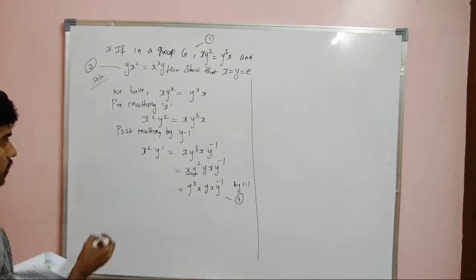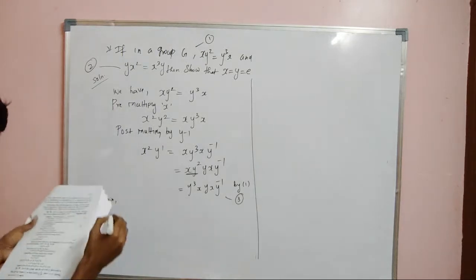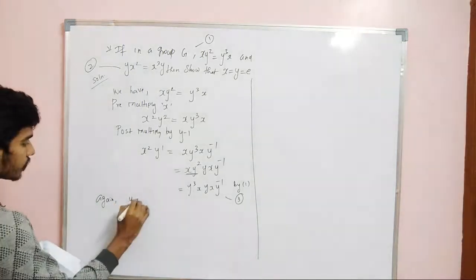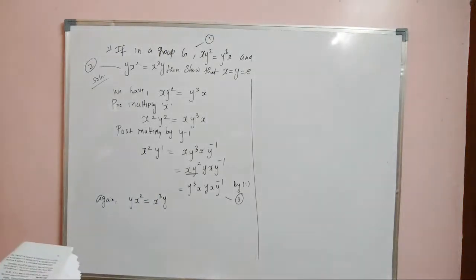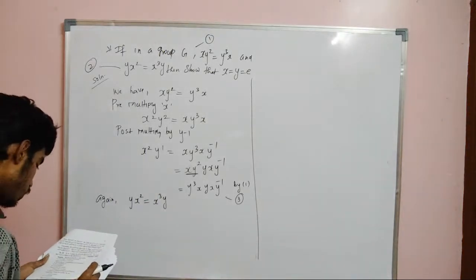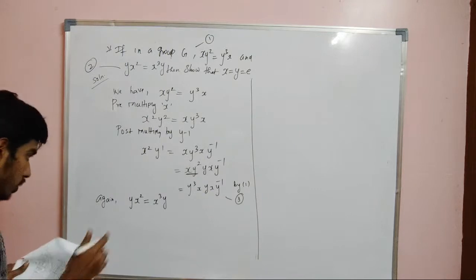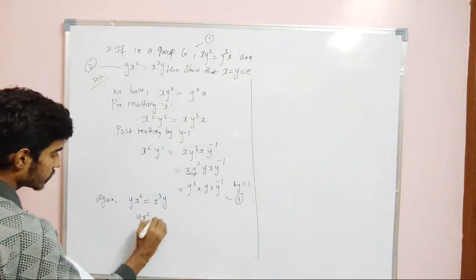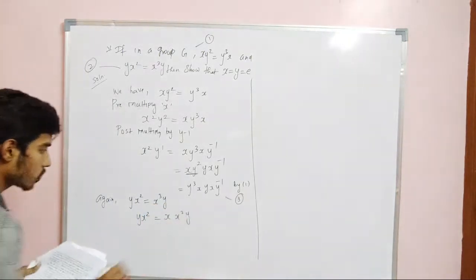Now we will take the second condition again. The second is y x square is equal to x cube y. Now what I am going to do is write x cube as x into x square y.